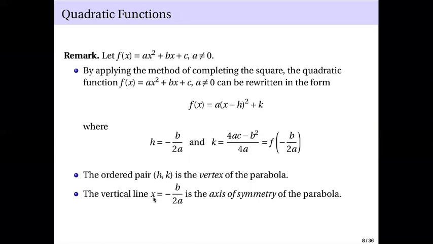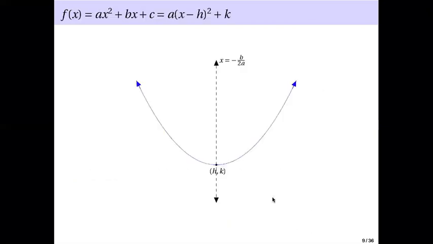And the vertical line x equals negative b over 2a is the axis of symmetry of the parabola. So here is some parabola. This is the vertex, and you have the axis of symmetry.